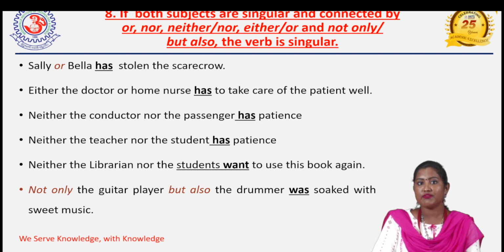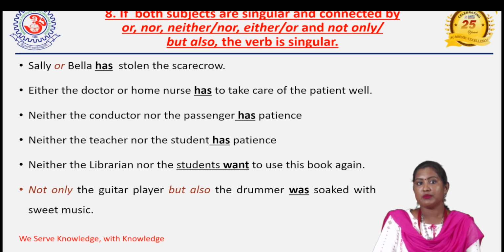So people may have a common understanding by looking at the words that the verb may be in a plural form. They may have a misconception or misunderstanding on this verb identification. So according to the grammar rule, all of these come under the singular verb form only.